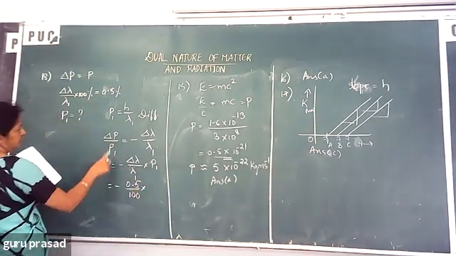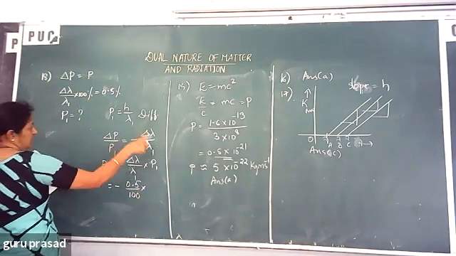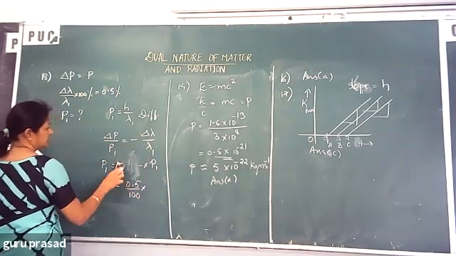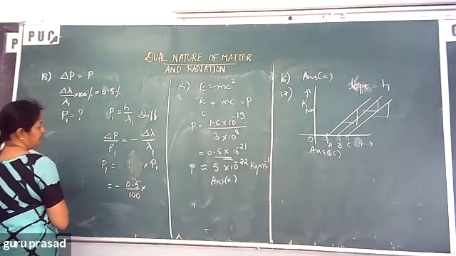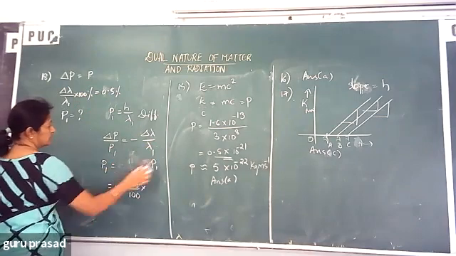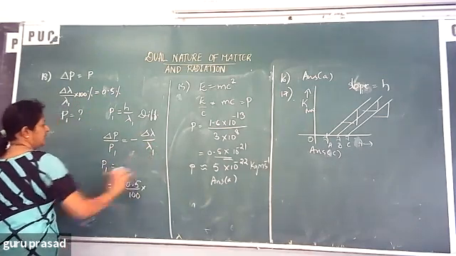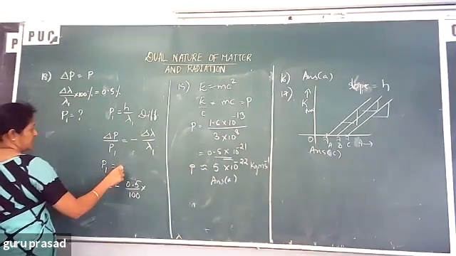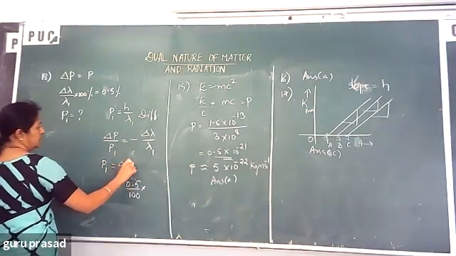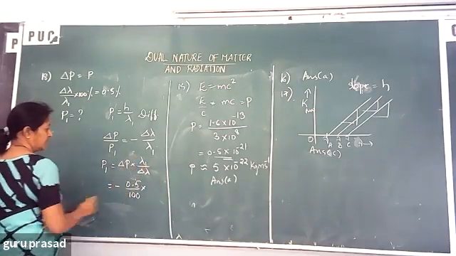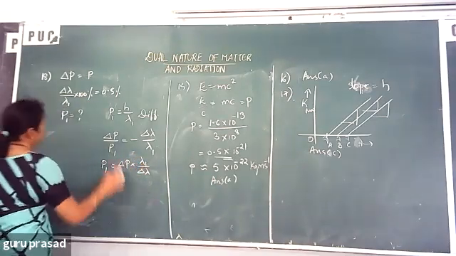Sorry, it's reverse. Here P1 we want, so I'll take delta P this way, delta P into lambda 1 by delta lambda, the reverse of this.